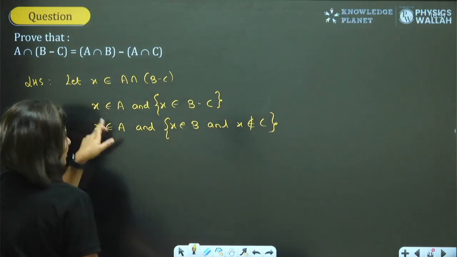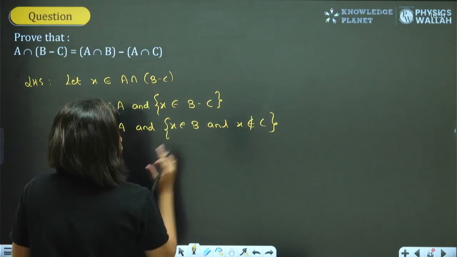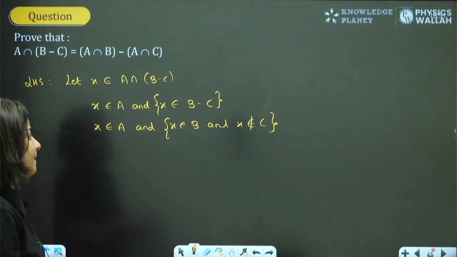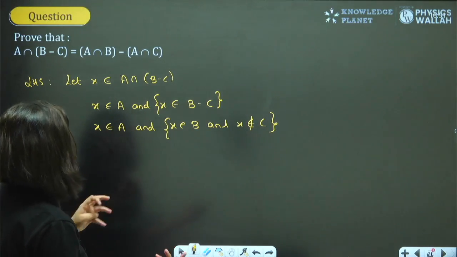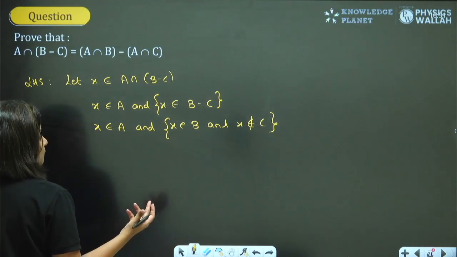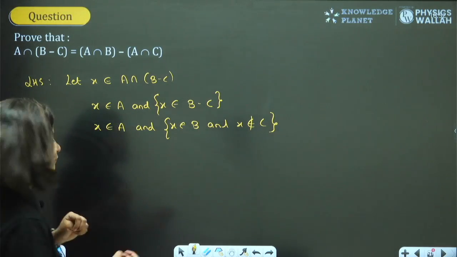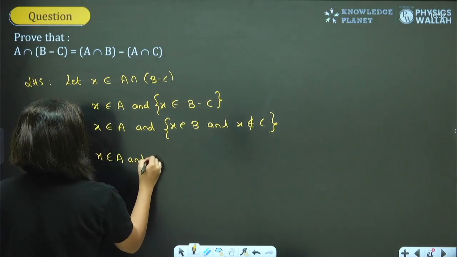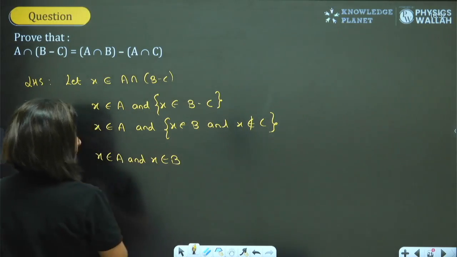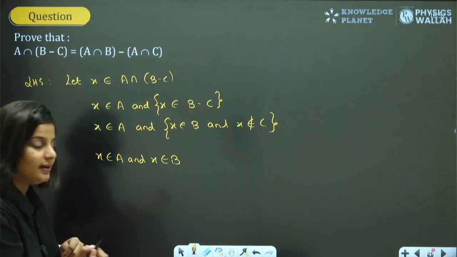X belongs to B and it doesn't belong to C. Now use the distributive property. X belongs to A and X belongs to B. Then there is a minus sign.